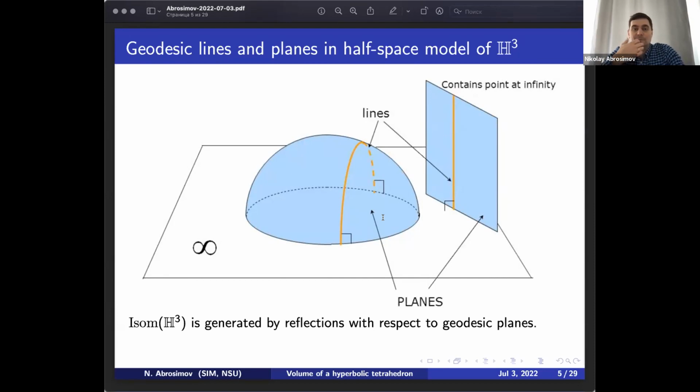Namely, the geodesic lines look like Euclidean semicircles orthogonal to the absolute, and Euclidean half lines orthogonal to the absolute as well. And geodesic planes look like Euclidean semi-spheres orthogonal to the absolute, and Euclidean half planes orthogonal to the absolute as well.